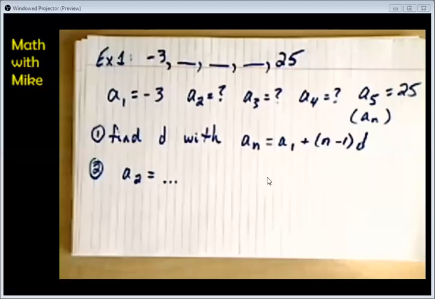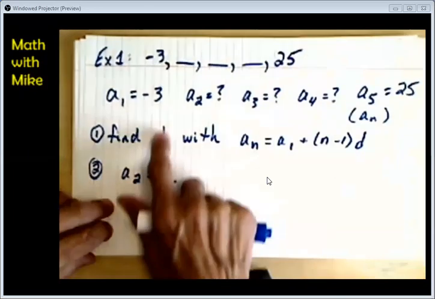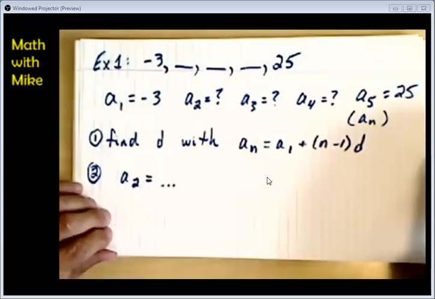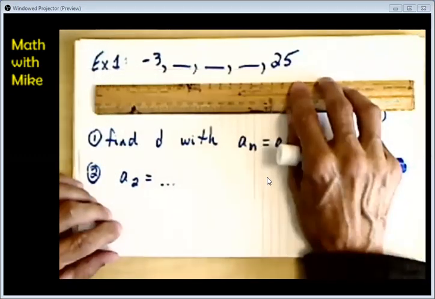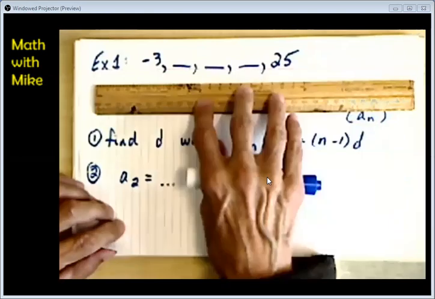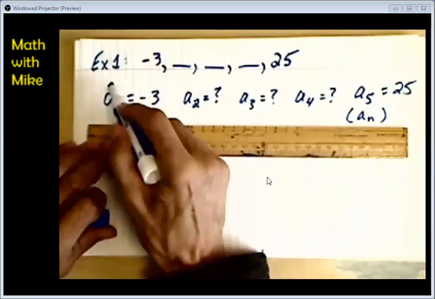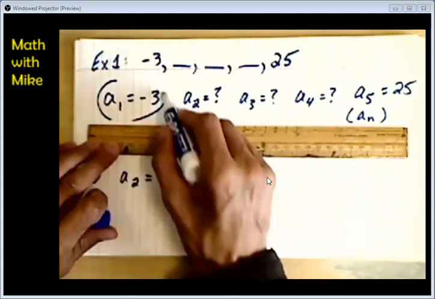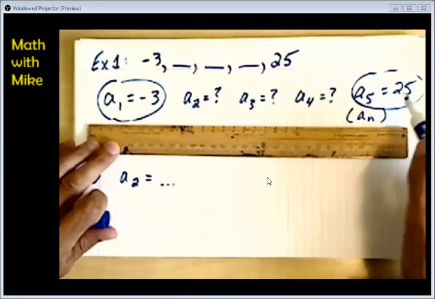Okay, so the goal is to find these missing blanks. Now, the thing to recognize is that it might look like a new question when it's written like this. But if you focus, you have A1 and you have A5 once you count the spots.